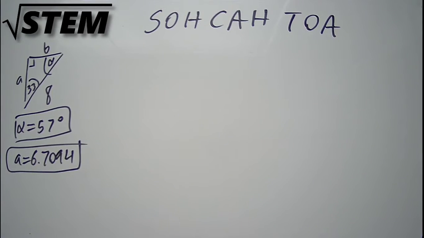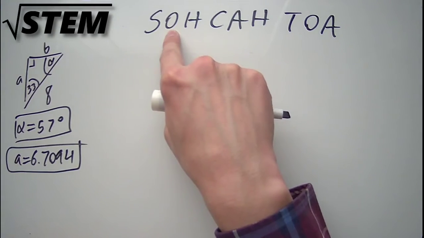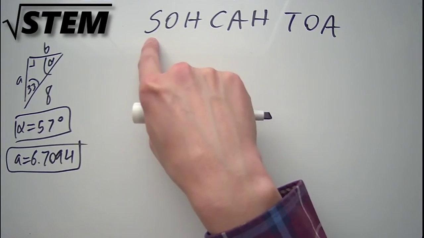Okay, now for side B. We'll do the same thing. Let's use our 33-degree angle and our hypotenuse of 8 to get side B. Now from the 33-degree angle, B is the opposite side. So the trig function that relates the opposite to the hypotenuse is sine.